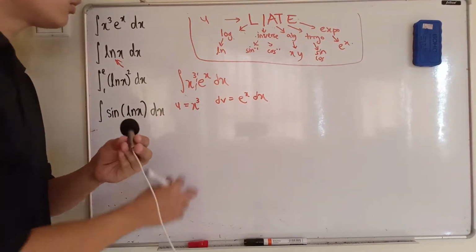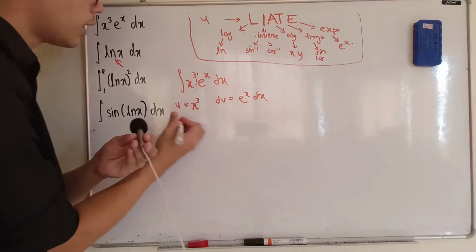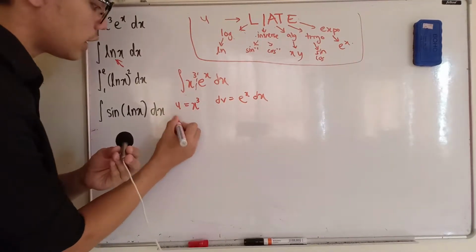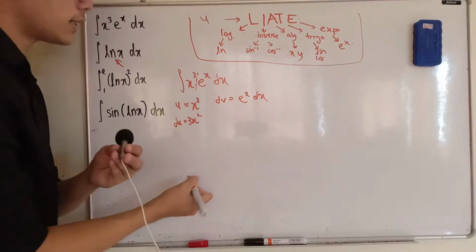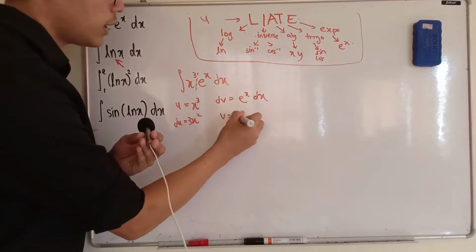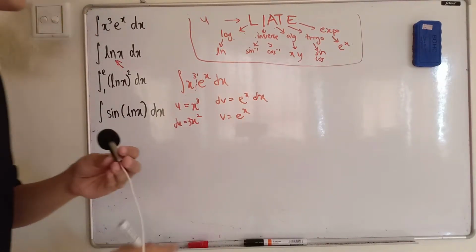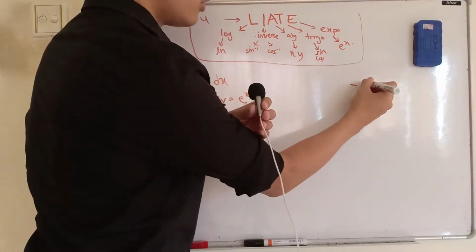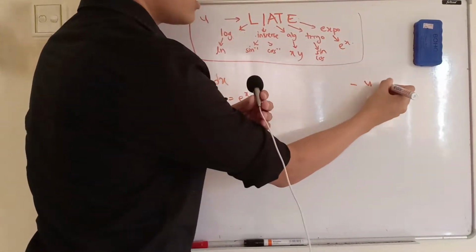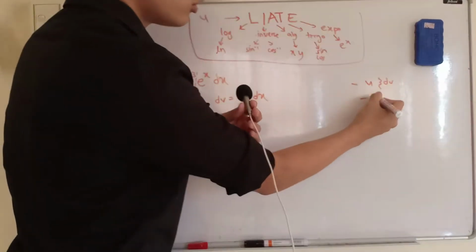For u you need to differentiate, and for dv you need to integrate. So for u, du is 3s squared, and v is e^s. First you find your u and dv, and after that you use a formula.